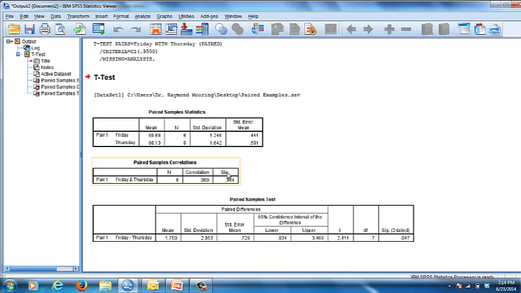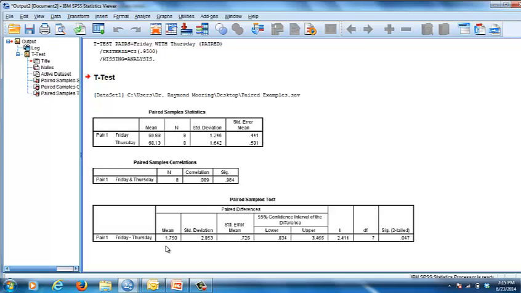And you can see from that significance level that they're not correlated. But the important thing here is the difference. So we see that the mean difference is 1.75. That means that on average, the golfers had 1.75 more strokes on Friday than they did on Thursday.